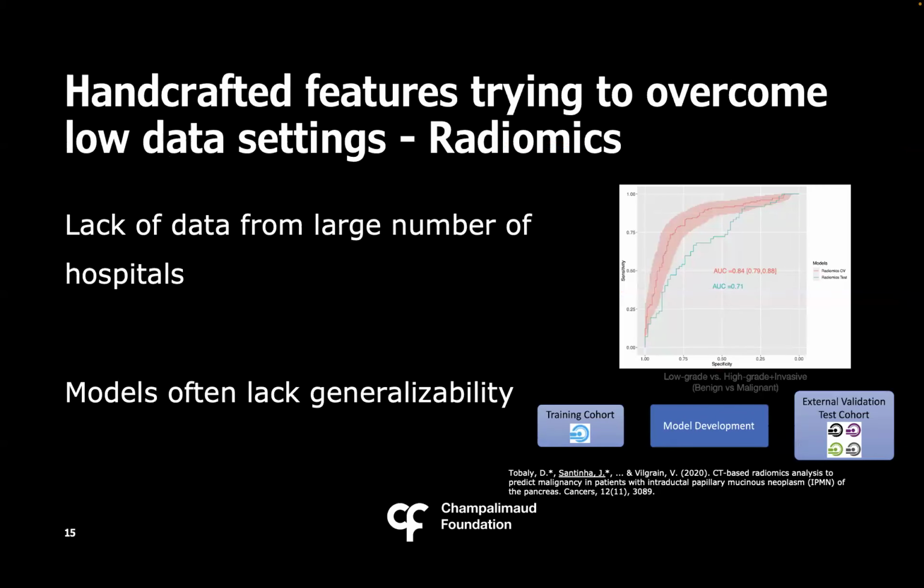Additionally, one of the issues is that whenever we don't have lots of data from different hospitals, if we train on data from a single hospital, once we test on different hospitals that were not part of the training, we often see a decrease in performance of our models. So these end up having issues of generalizability.